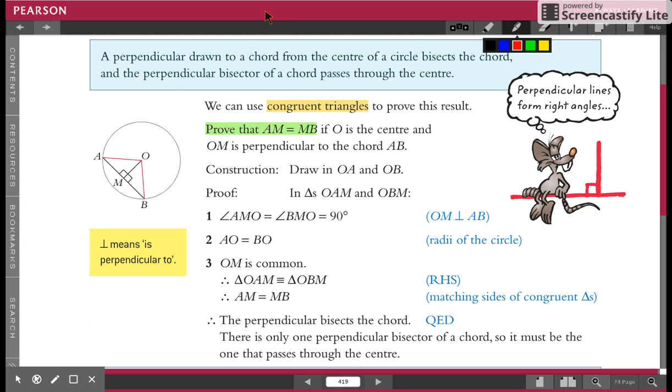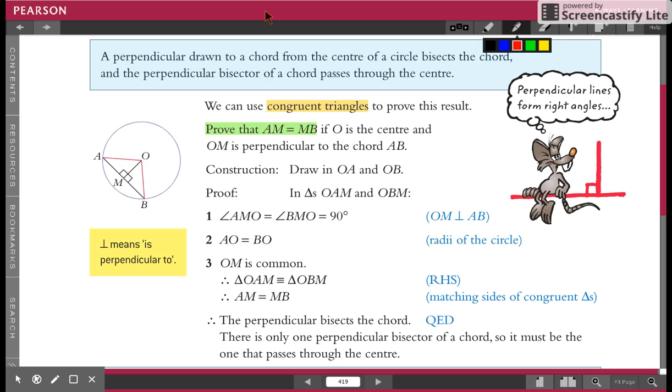So if you look at the red lines, you should be able to see that those two are equal. You can obviously see under point 1 that angle AMO is 90 degrees, which is also BMO. So far we've got a side and an angle, and OM, the perpendicular bisector of AB, is common.